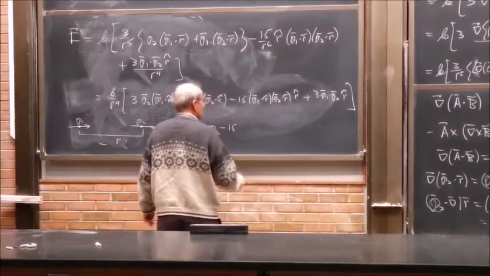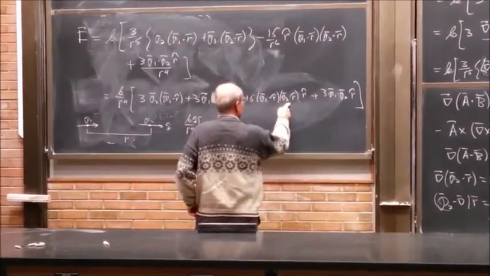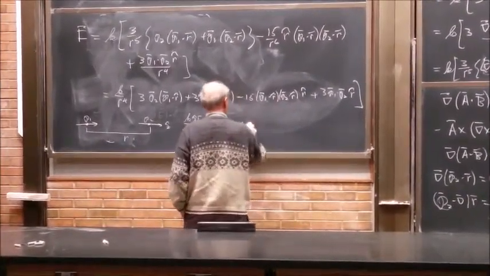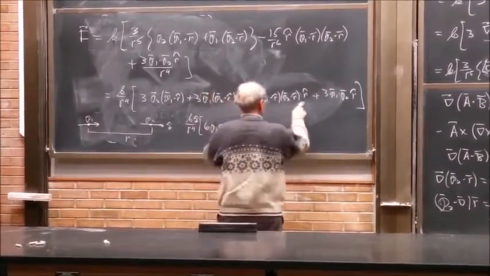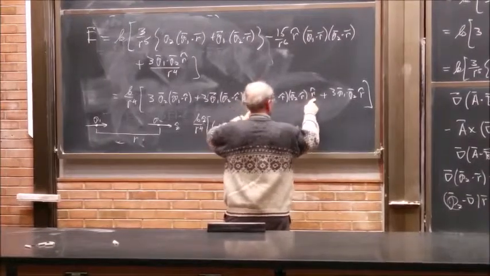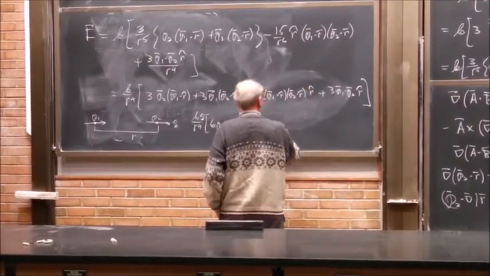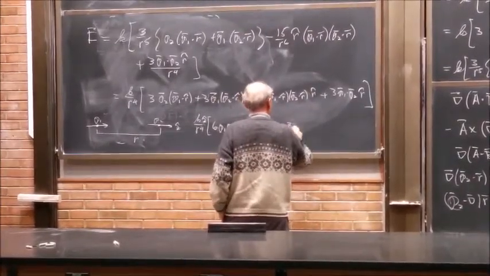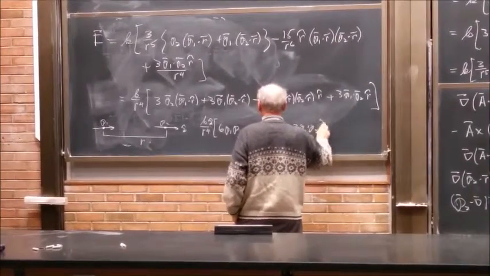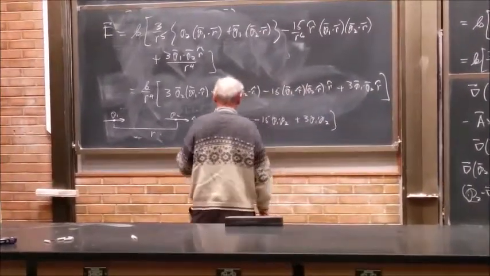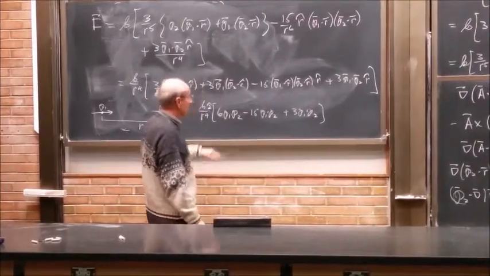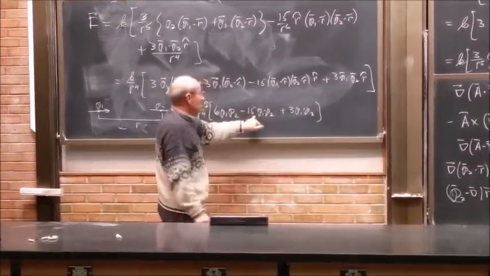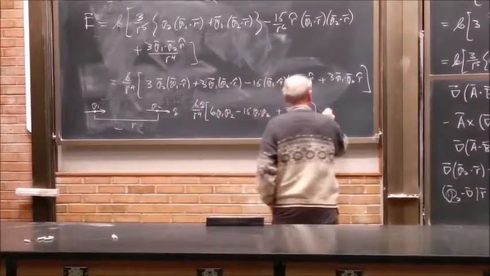Minus 15. These each point in the same direction as r, so that's P1 P2, and all these things are z. And here, 3 P1 P2. Nine minus 15 is minus 6.